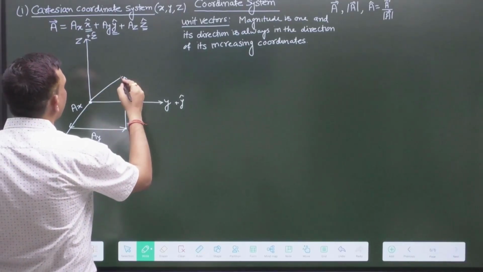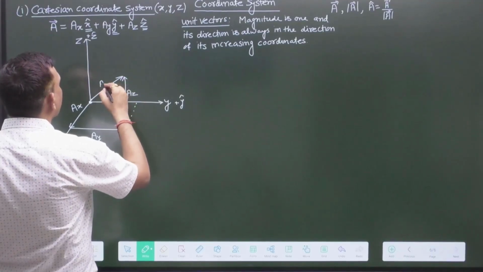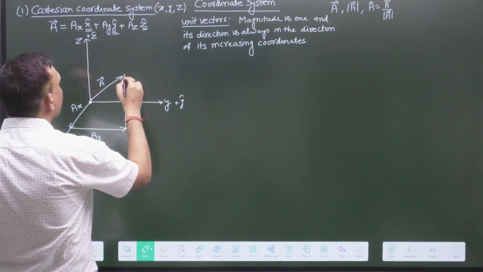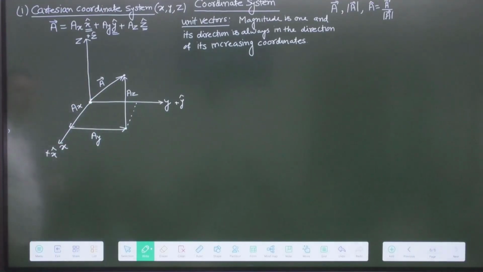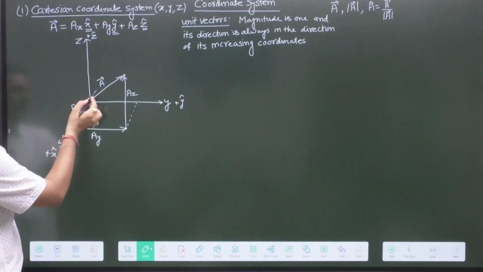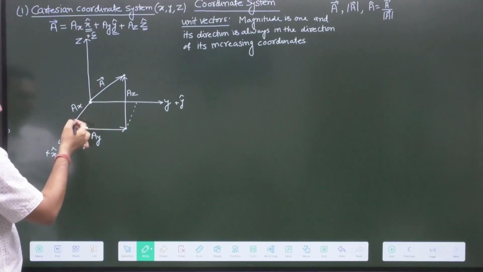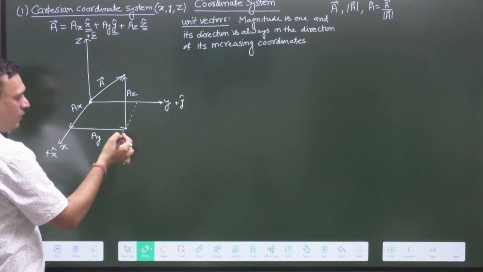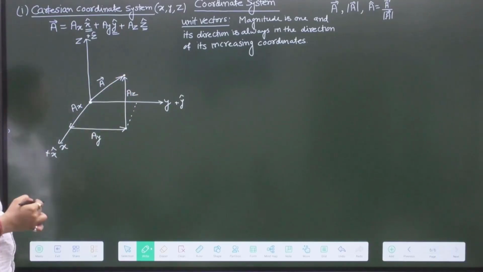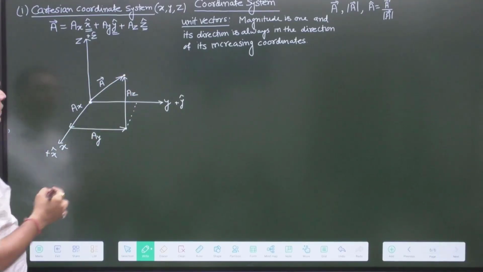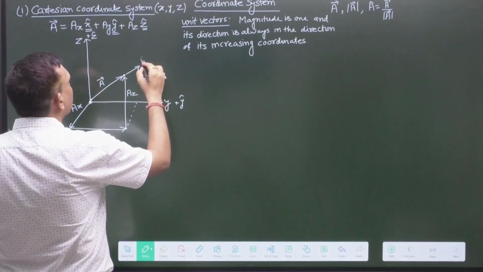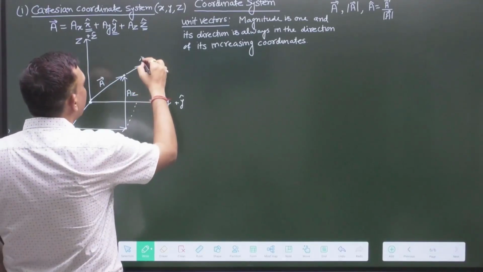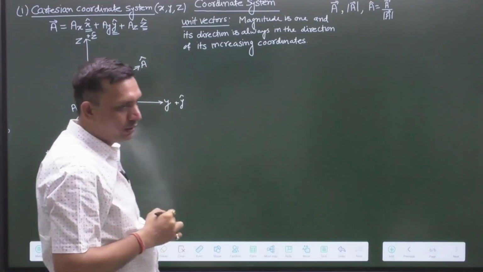So you can represent vector A by this. This is the vector A. And this vector A has three components: ax along x cap, ay along y cap, az along z cap. And the unit vector along A is given by A cap. So that is the representation of vector A in Cartesian coordinates.